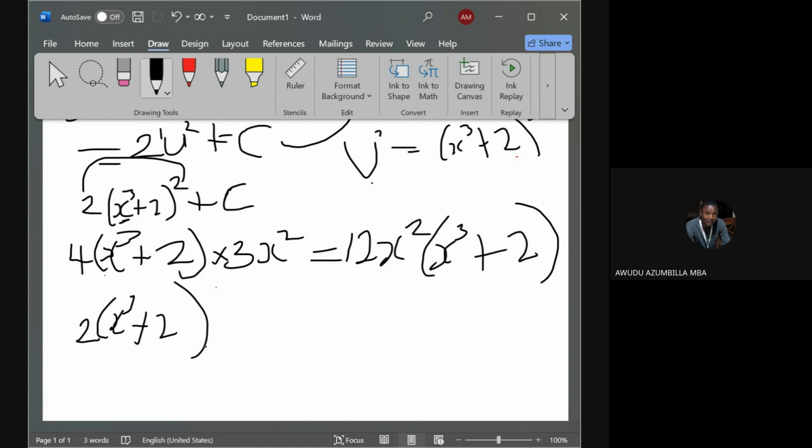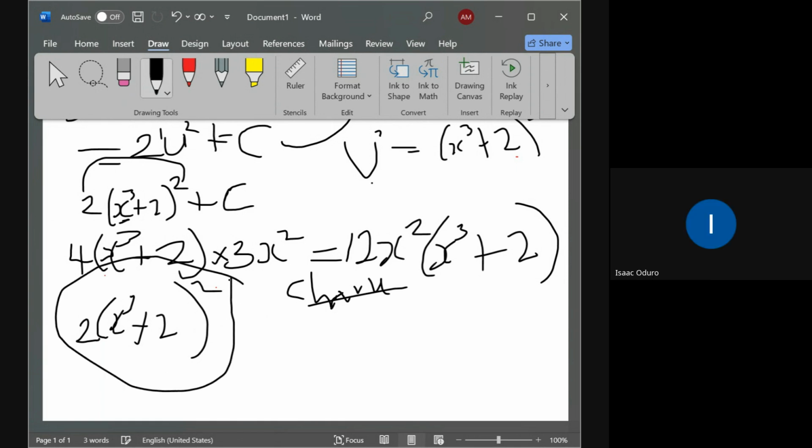Now, here we use what we call the chain rule. I don't know whether you know the chain rule. You can go and check it out. So what it does is that you differentiate the function itself first. This is squared. You differentiate the whole function itself. The whole function is the whole of this one.